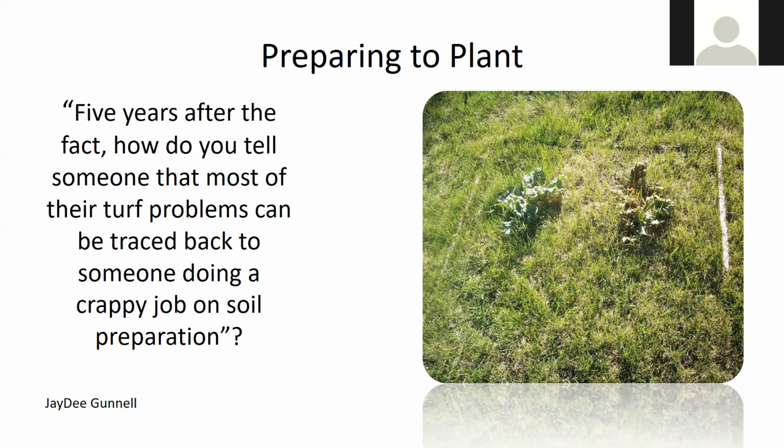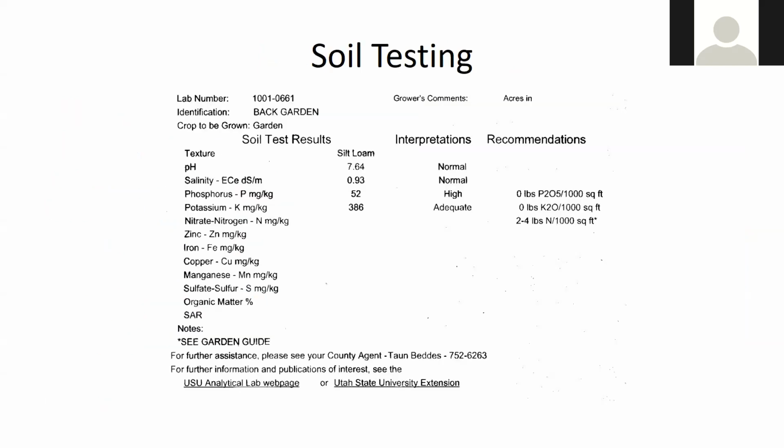We looked at a home in Logan, and JD just said, 5 years after the fact, how do you tell somebody that their crappy lawn can be traced back to somebody not doing a very good job on preparation?